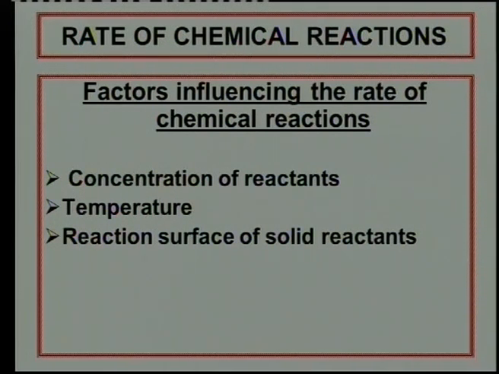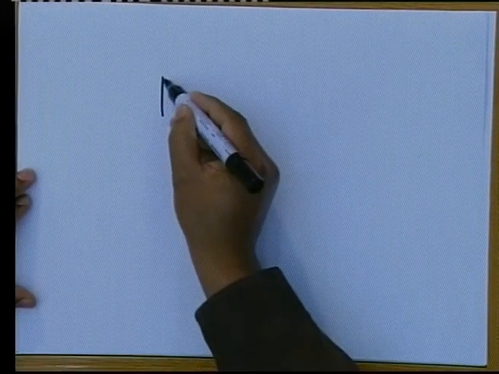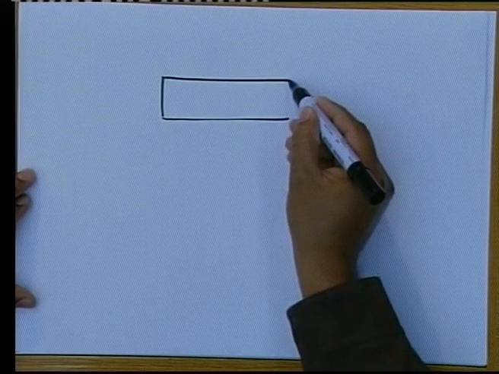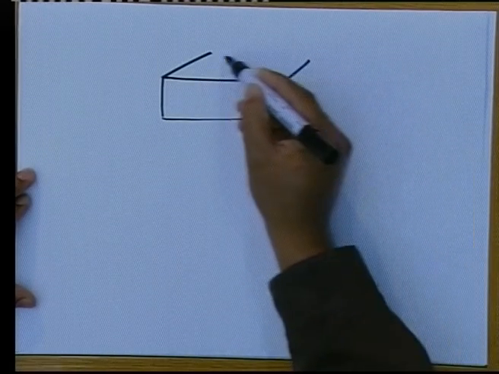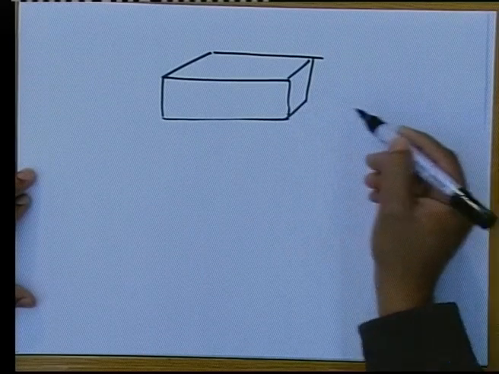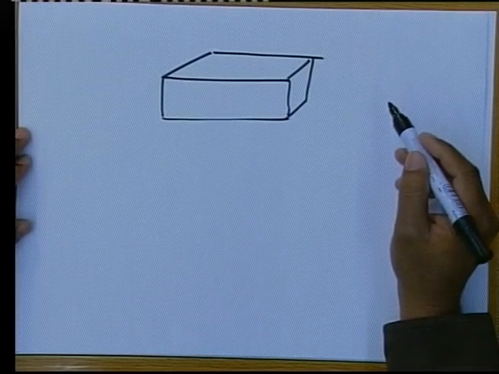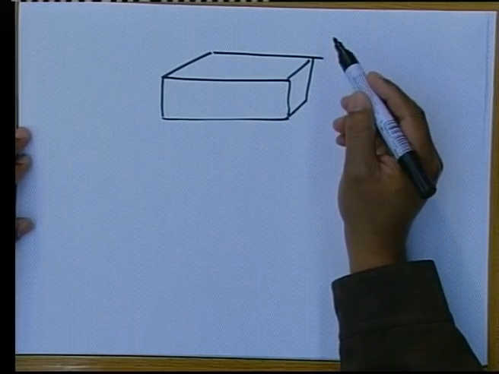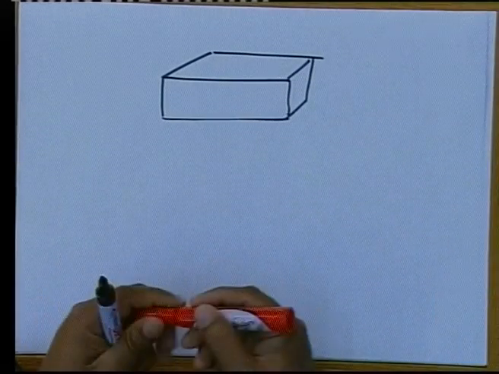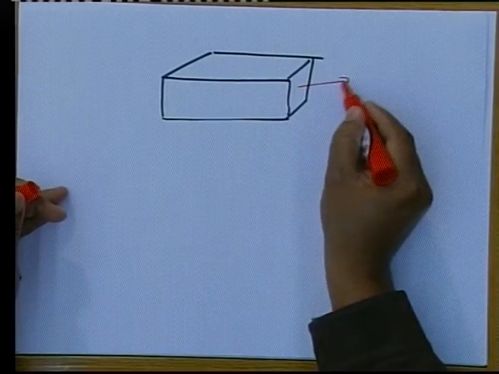And I think there I'm just going to take a short break and go to the paper and explain to you what we mean when we talk about a powder or a granule and how it actually affects the reaction surface. If this should be a solid chemical compound, just one crystal from it, and I'm drawing it a bit big, and let's say it's a rectangular prism, what we find is that the surface where reaction can take place is, in fact, I'm going to take another color, we find that we have two of these sides.